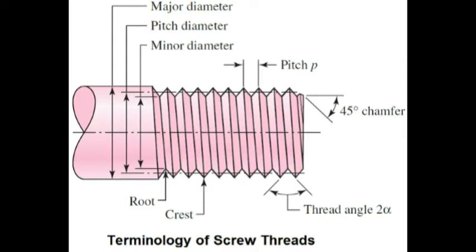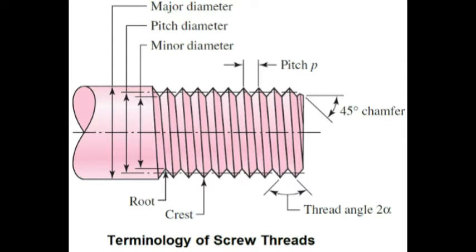Next one is flank. The straight surface between the crest and root is called flank. So the straight surface which connects the crest with the root is the flank.